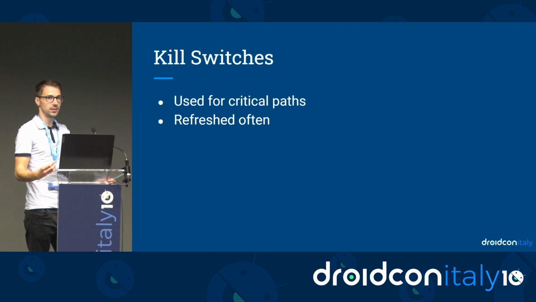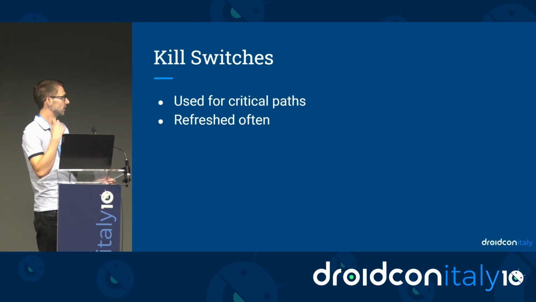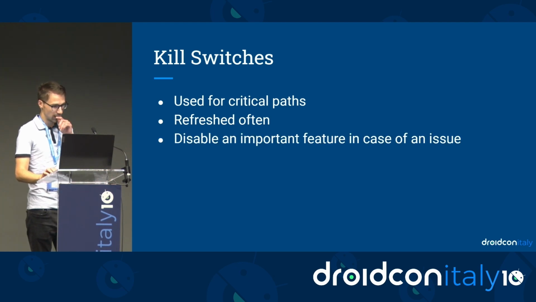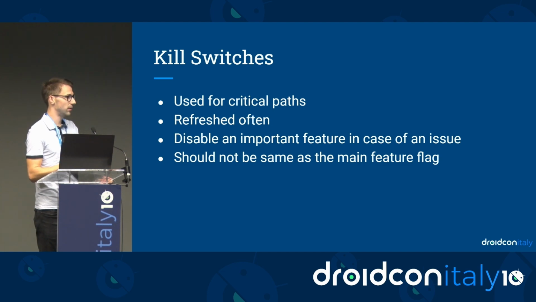But with kill switches, it's usually that they are fetched either, I don't know, every few minutes or sometimes even in real time, because it's important that the change happens as soon as possible. So yeah, we covered this, and the kill switch feature flag should not be the same as the main feature flag. This is mostly because they're refreshed at different rates, and it can cause confusion, like you enable some but you forget to disable the other one.